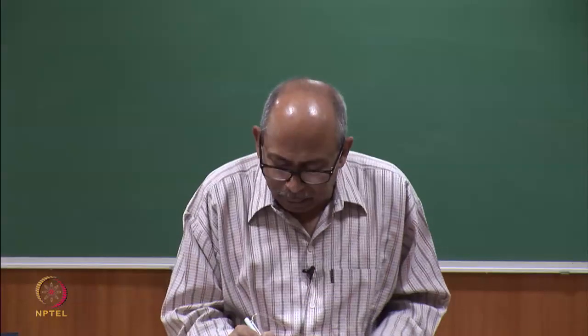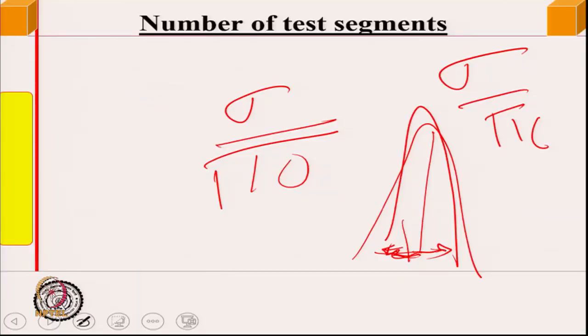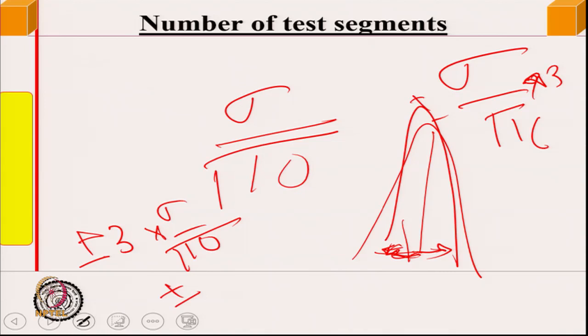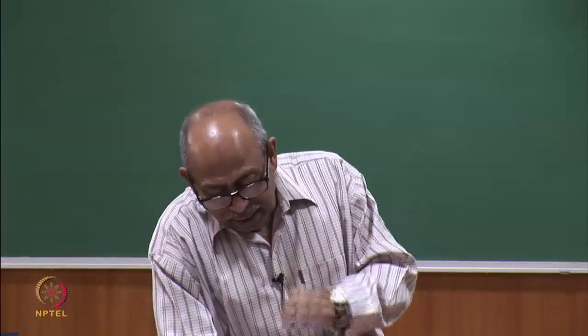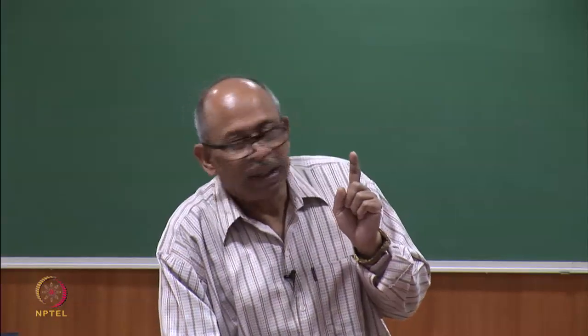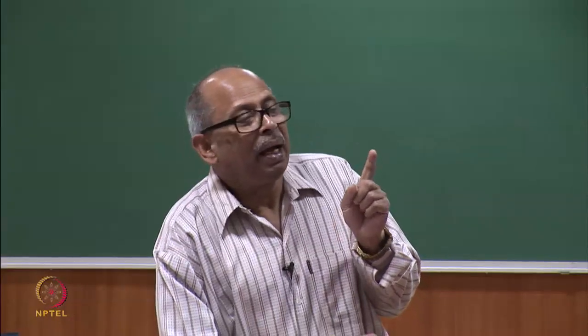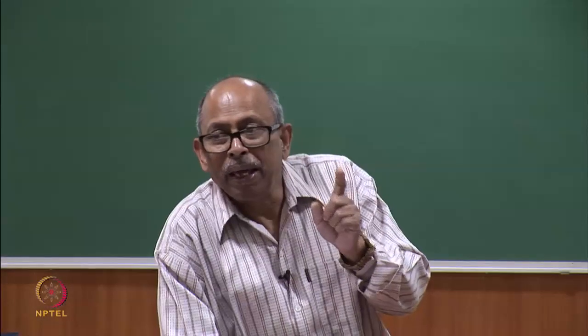That means my maximum error, if I assume 99.9% of the time, will be plus minus 3 times sigma under root 10, or in general plus minus 3 sigma under root n, if I know sigma very well, which means that if I increase the number of samples, my error will be less.